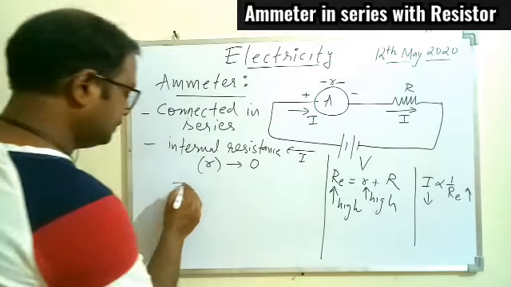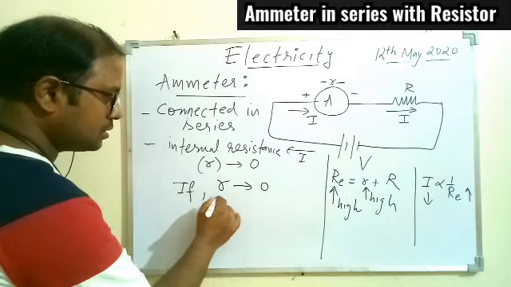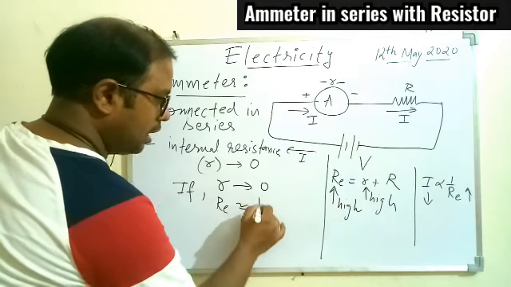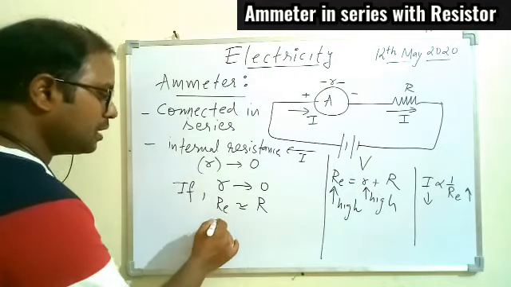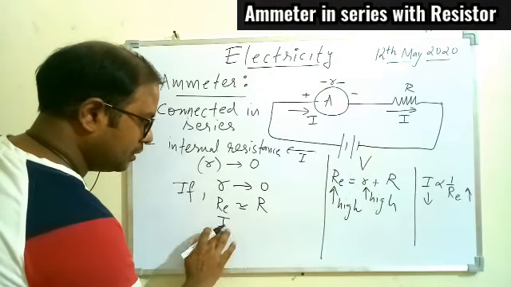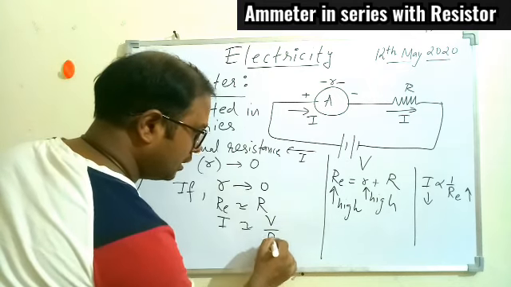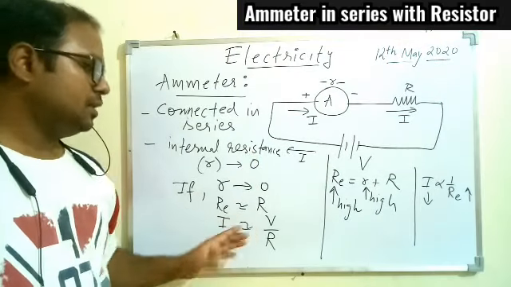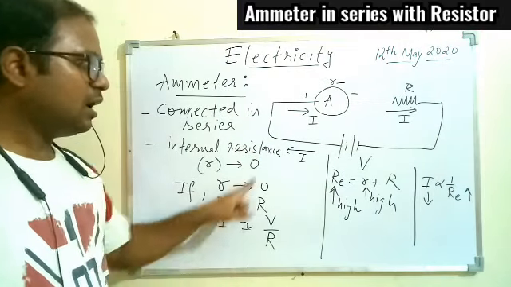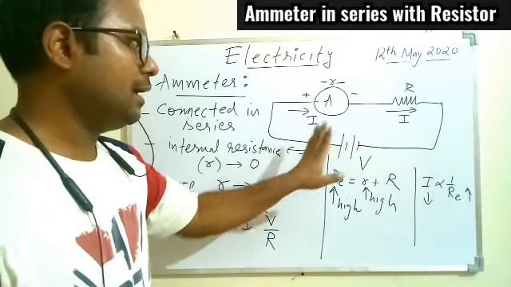If r is approximately 0, then the total resistance will be approximately R only, that is, this will become 0. So whatever current there is in the circuit will be nothing but V upon R only. In this case, the current flowing through the circuit will be I, and it will not be affected by the internal resistance of the ammeter.